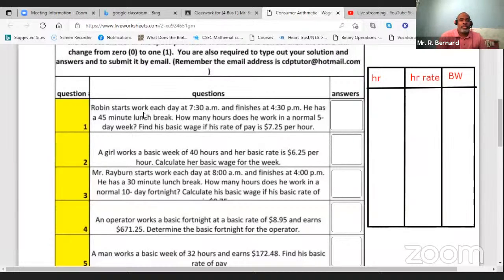So if you have 8.25 hours and you multiply that for the week by 5, you'd have 41.25 hours, because 8 times 5 is 40, and a quarter times 5 would have been 1.25. So you add that 1.25 to the 40, and it becomes 41.25 hours. So you were to write that in here.